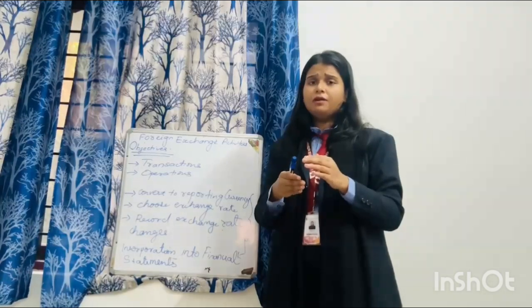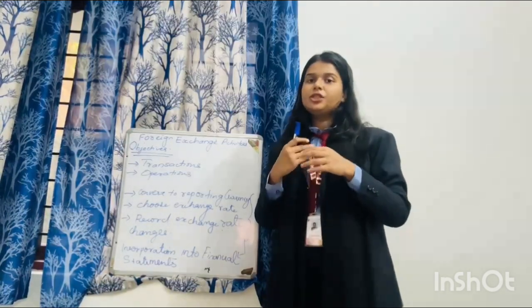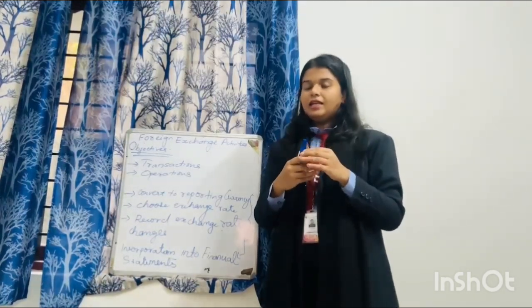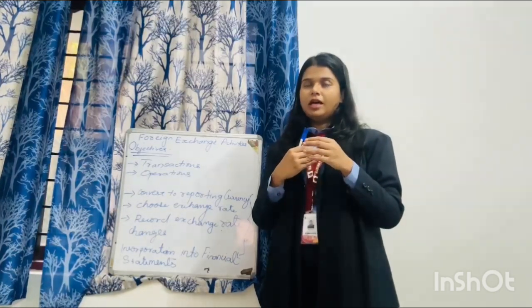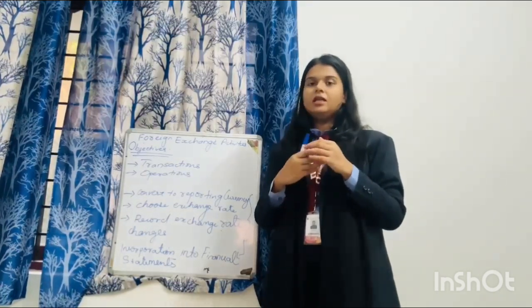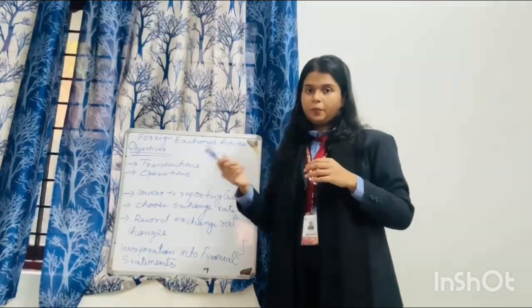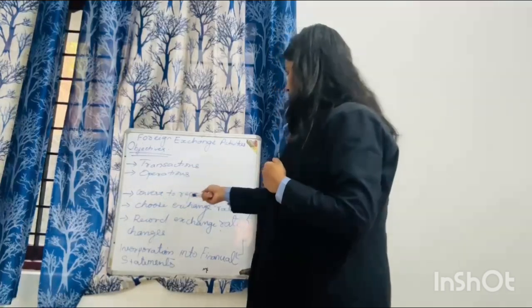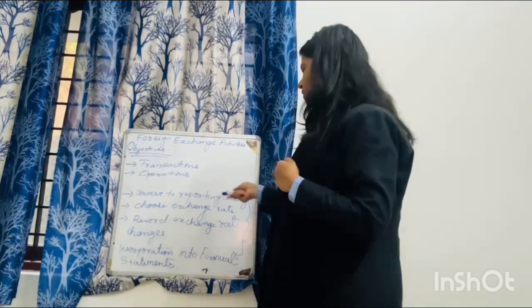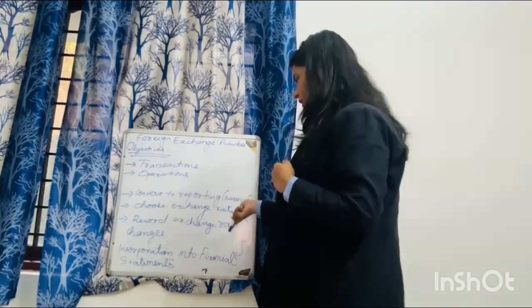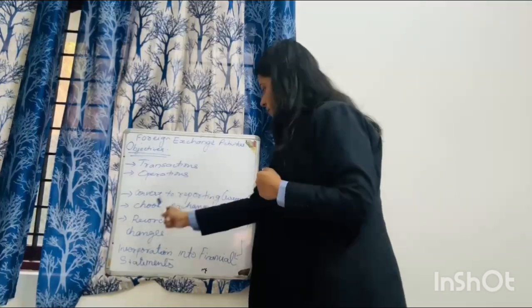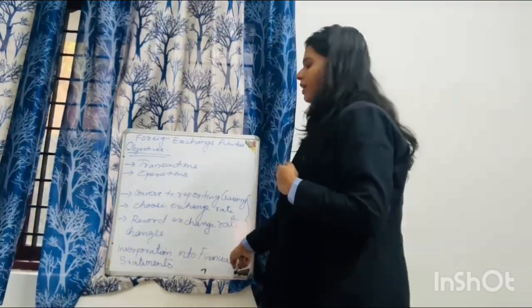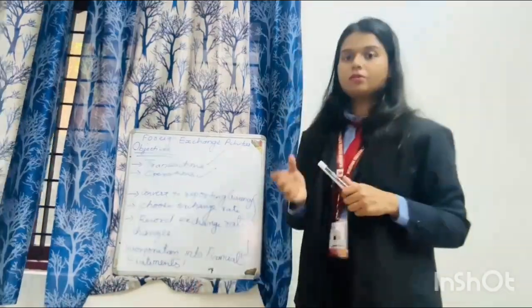Key issues involve selecting the correct exchange rate and recognizing financial effects from changes in exchange rates. So next: convert to reporting currency, choose exchange rate, record exchange rate changes. This all comes under incorporation into financial statements.